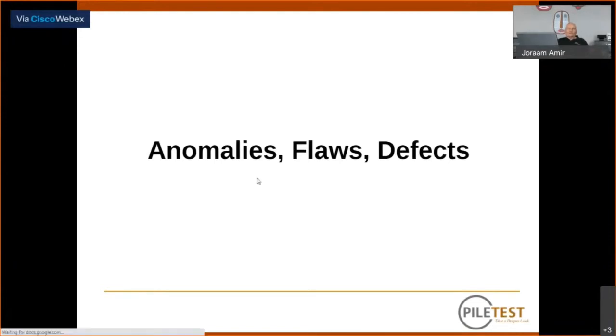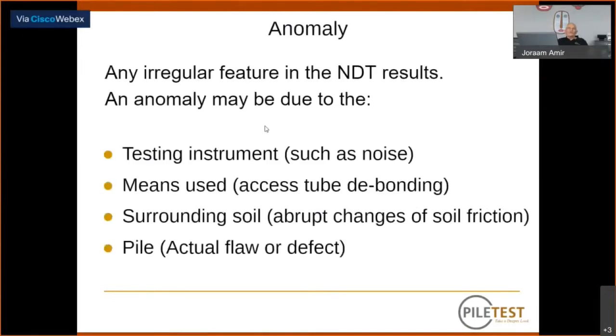Now, here are the definitions. Anomaly is any irregular feature in the non-destructive results. An anomaly can be due to testing instruments, like noise, or access tube debonding. If you use steel access tubes, normally you don't have a problem.